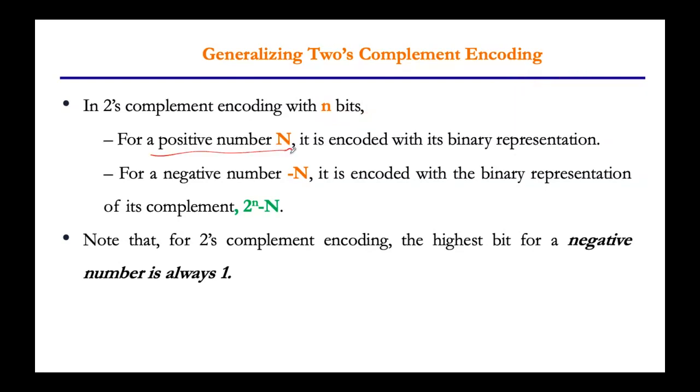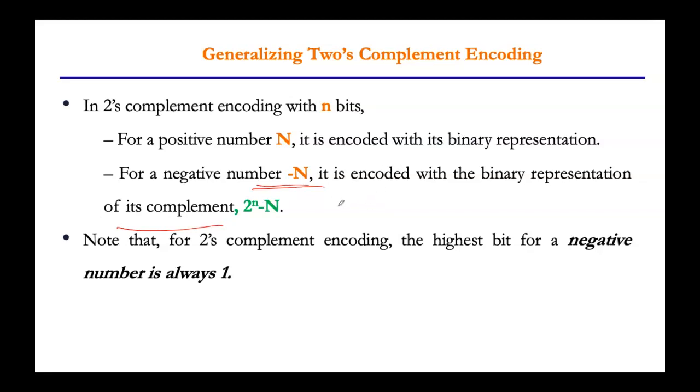For any positive number, it is encoded with its binary representation only, as we saw in signed magnitude, one's complement and two's complement. But negative numbers are encoded with the binary representation of its complement.